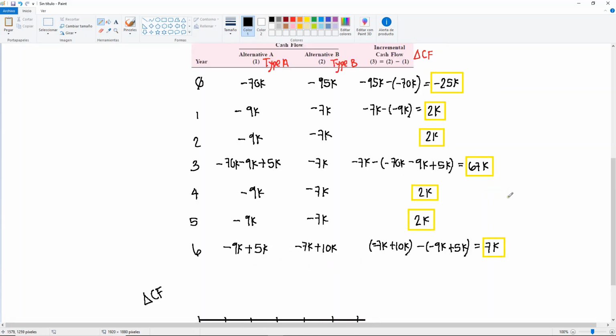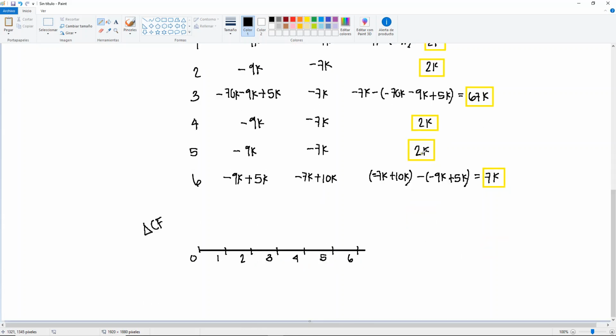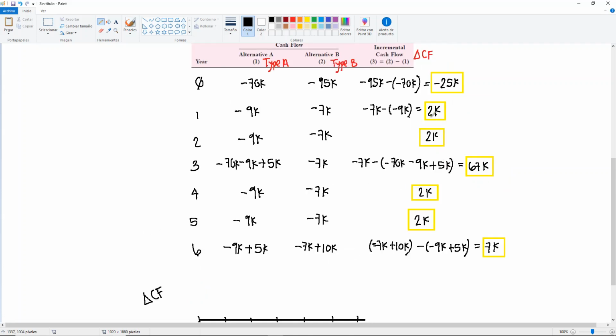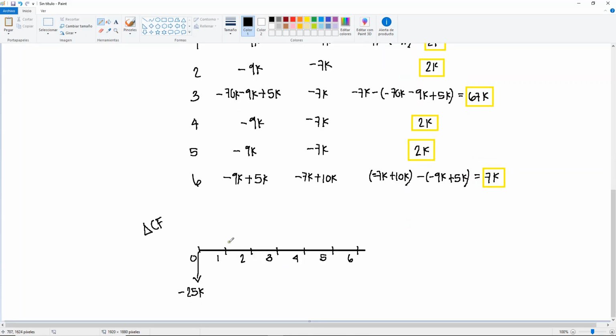In year 0 we have minus 25,000. Then years 1 and 2 we have positive 2,000. Then year 3 we have 67,000. Then we continue with 2,000, 2,000, and then 7,000.